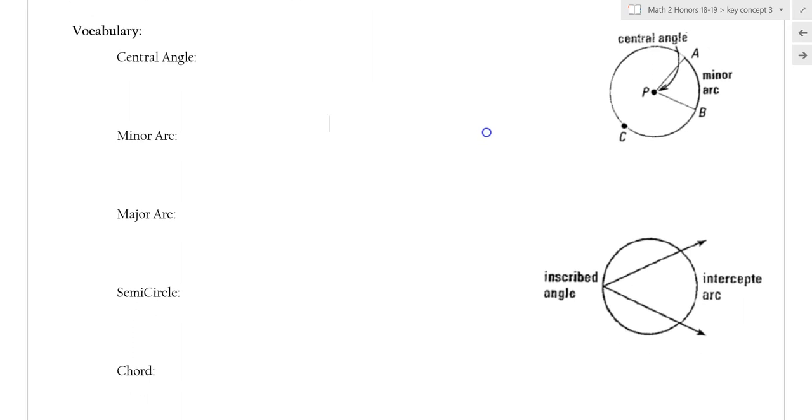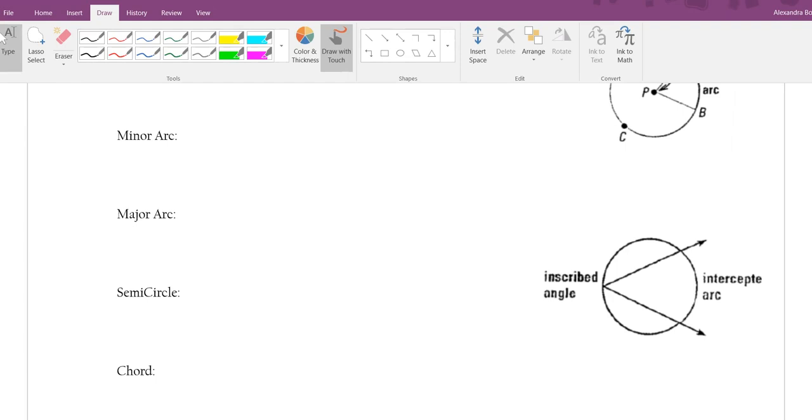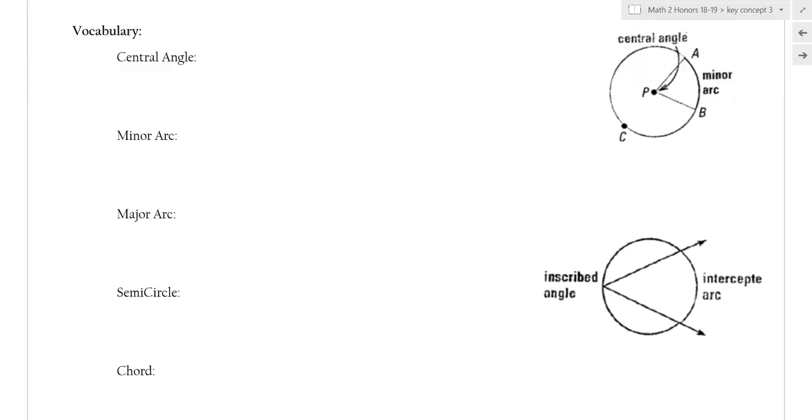Okay, so the first thing we're going to look at is some vocabulary. So central angle, we've already kind of started looking at central angles when we were talking about the sector area and the arc length.